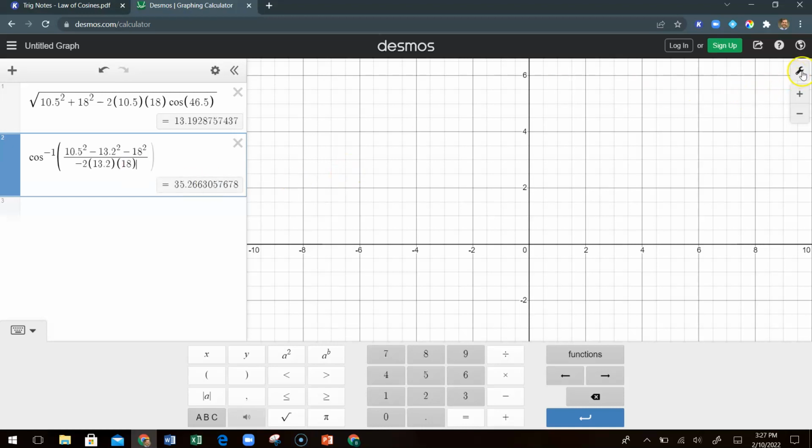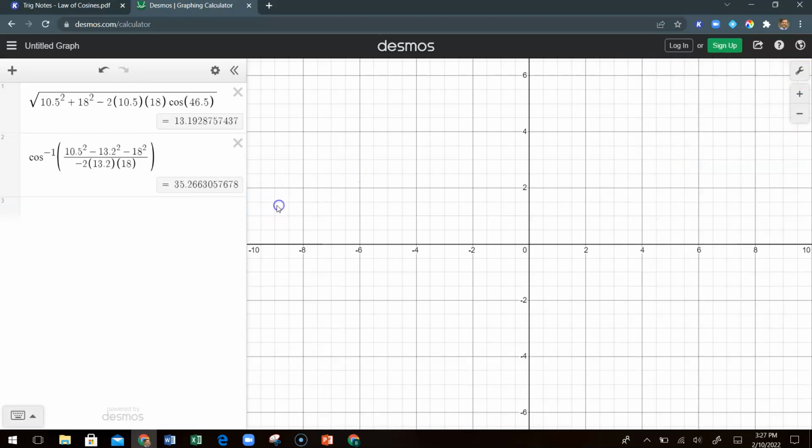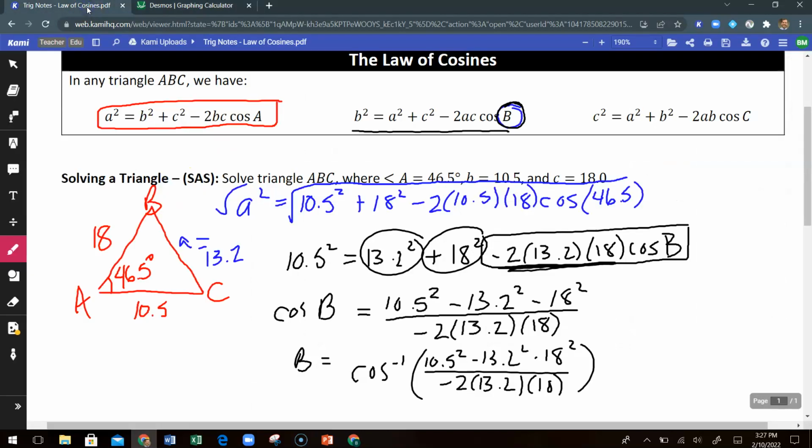And again, I am in degree mode. That matters. I'm in degrees, so this is in degrees. 35.3 degrees. Okay, so angle B is 35.3 degrees.